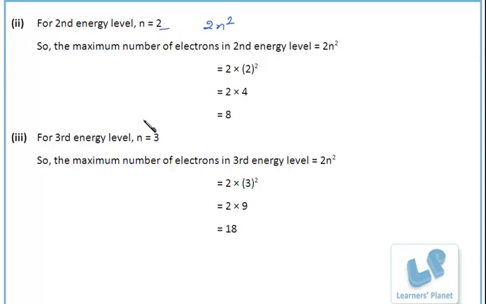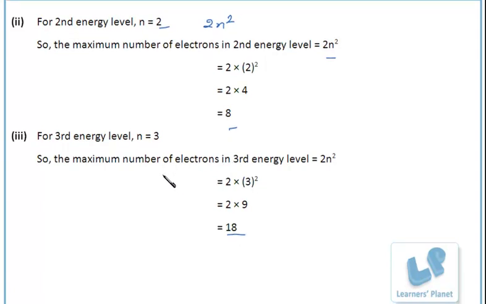In this case, n is equal to 2. So the maximum number of electrons will be 2n square, so it is 8. Likewise, in the third energy level, n is equal to 3. So the maximum number of electrons which the third energy level can accommodate is 18. 2 into 3 square.